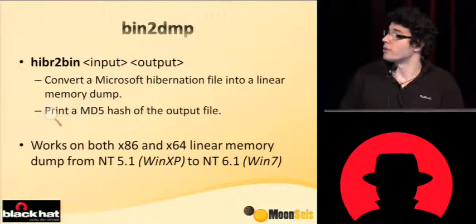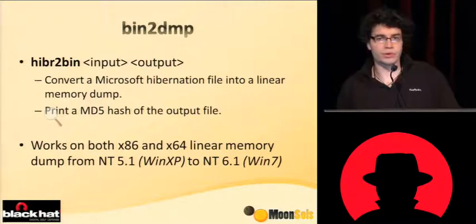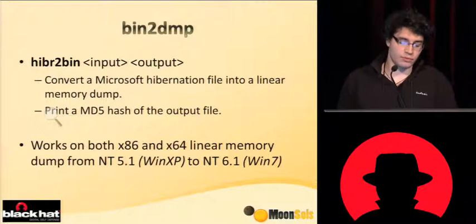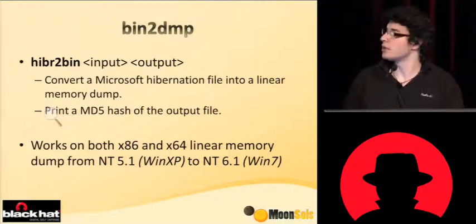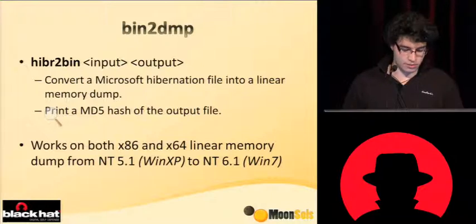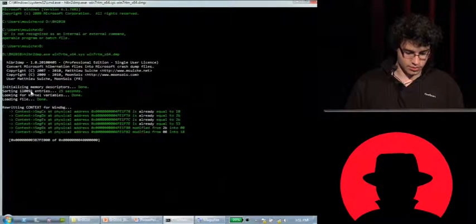Again, it's a really easy command to run. It works with every version of Windows, from Windows XP to Windows 7, with both x86 and x64 editions. It's almost done.